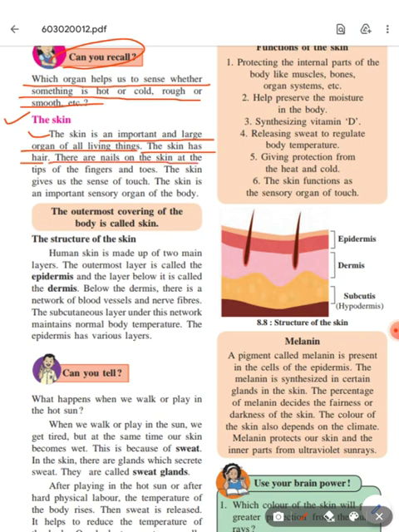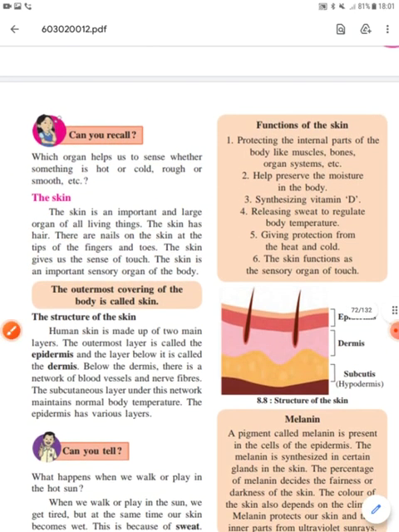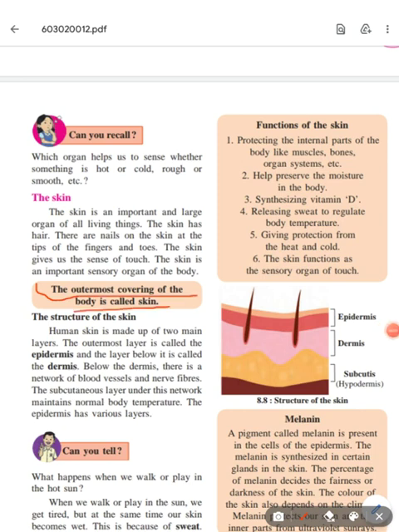There are nails on the skin at the tips of the fingers and toes. The skin gives us the sense of touch. The skin is an important sensory organ of the body. The outermost covering of the body is called skin.